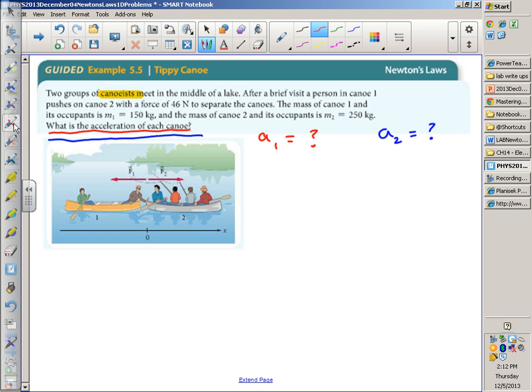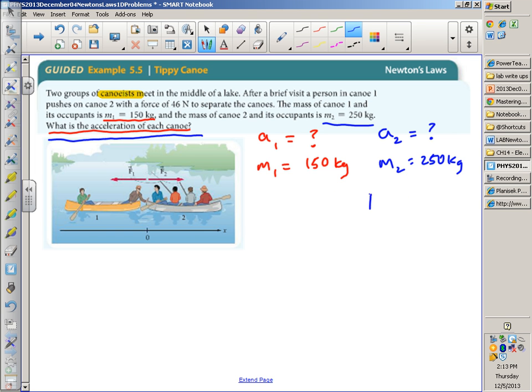All right, let's start with the things we know. It tells us in the problem that the mass of canoe 1 is 150 kilograms, and then that the mass of canoe 2 is 250 kilograms. And then it says that canoe 1 pushes on canoe 2.